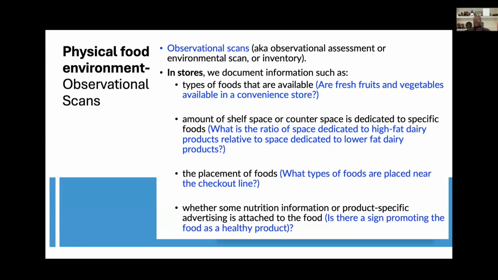Are they fresh fruit and vegetables relative to unhealthy ultra-processed food? The amount of shelf space or counter space that is dedicated to different kinds of food. How are they placed? Where are they located? Is it at the checkout area, at the entrance, or somewhere in the corner hidden within the supermarket or store?